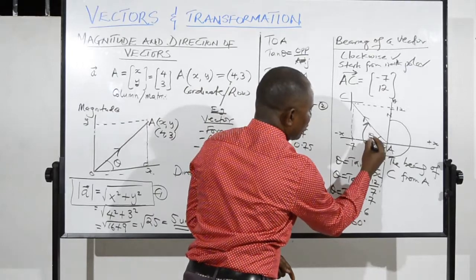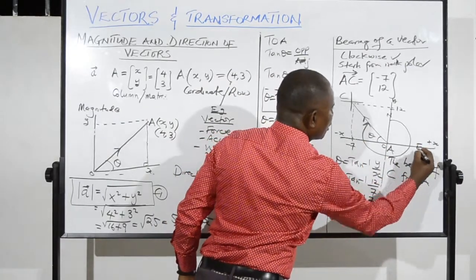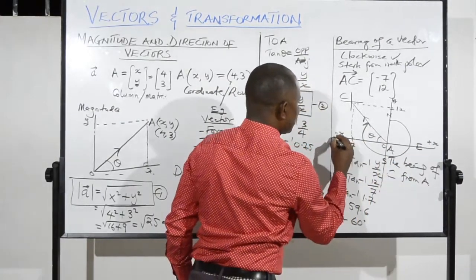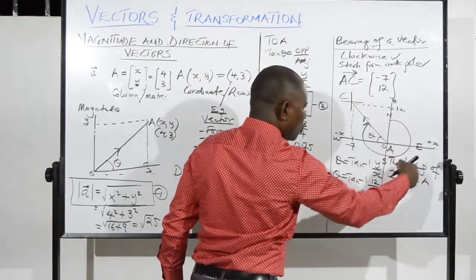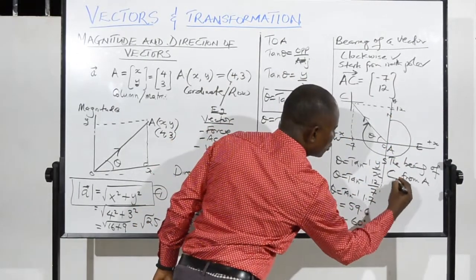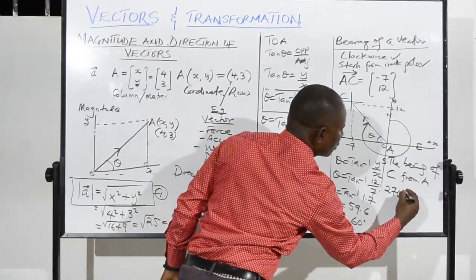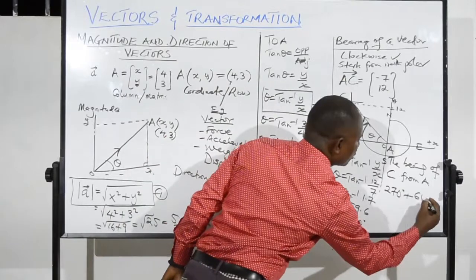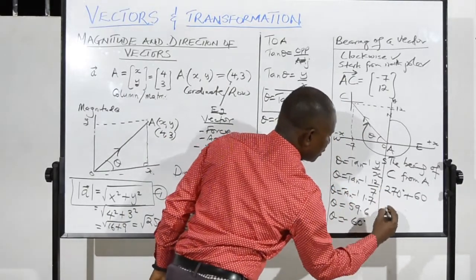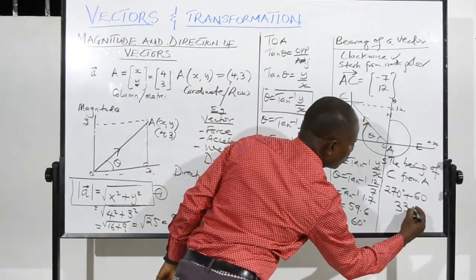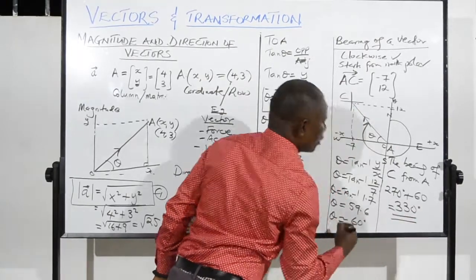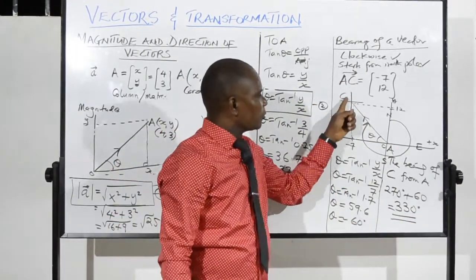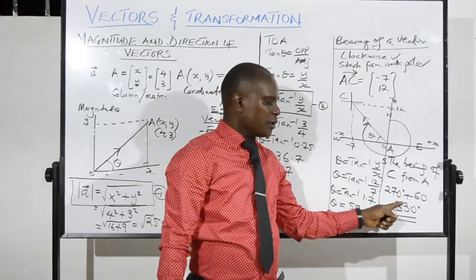I found this angle already, but from east, this is south, and this is west. So from north to west is already 270 degrees. I have 270 degrees plus this angle here, which is 60 degrees. So the bearing of C from A is 330 degrees.